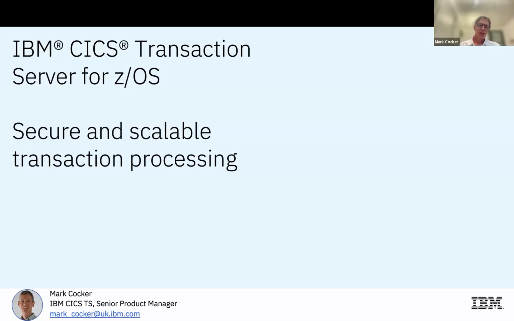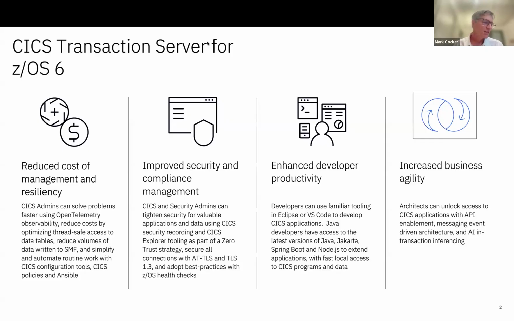Amanda mentioned a number of topics that the user group is focusing on. Observability is one we're talking about today, but she did touch on security and AI, I heard. Funnily enough, CICS is very much in that space at the moment.